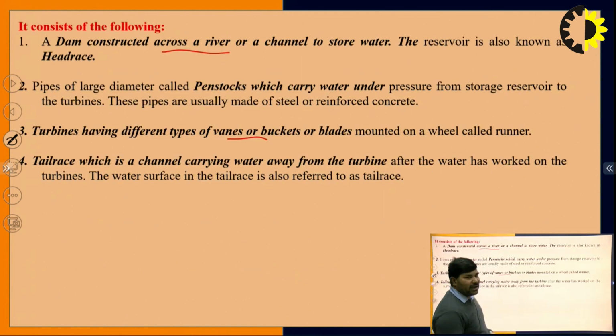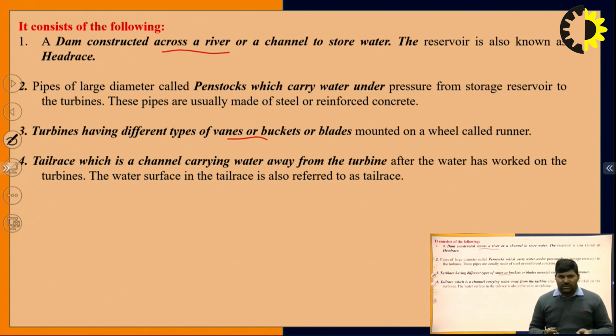The tail race is the channel carrying the water away from this turbine.